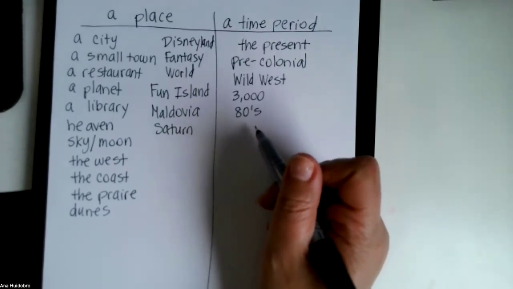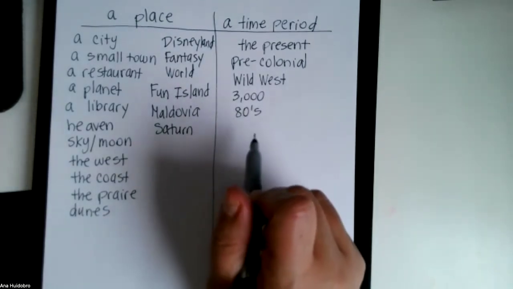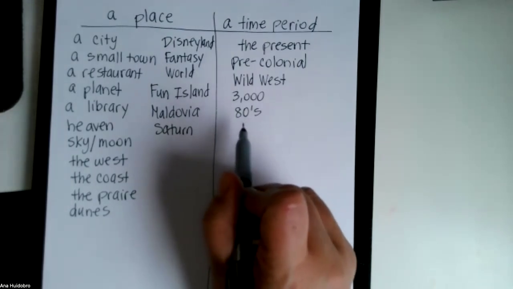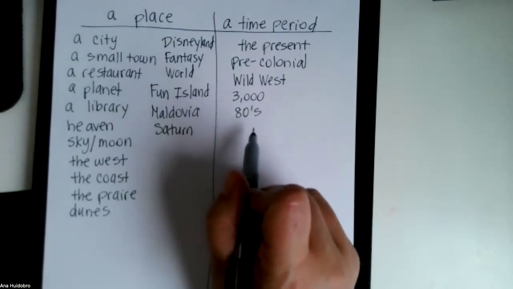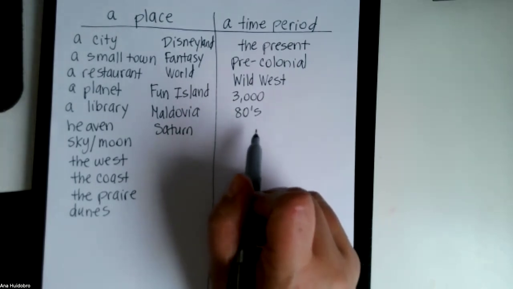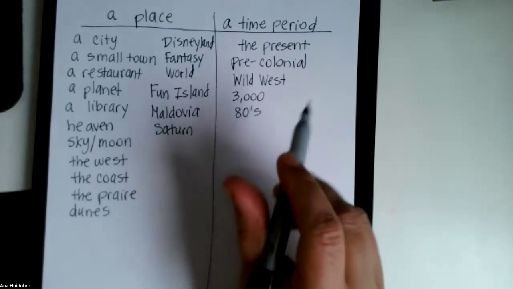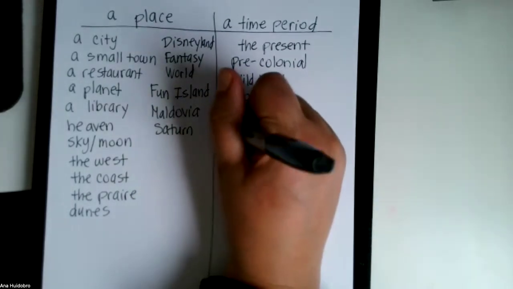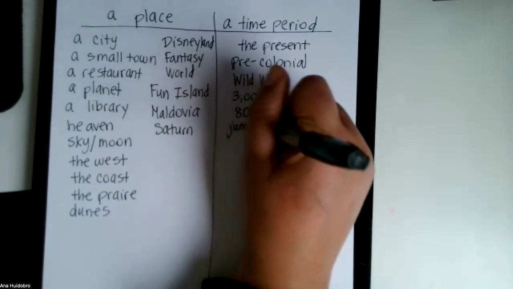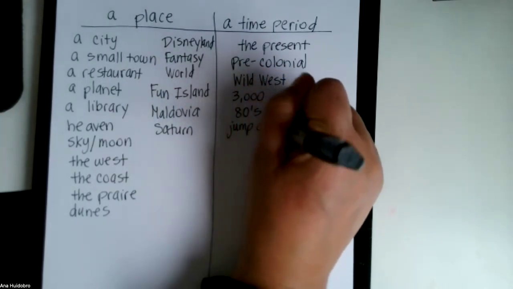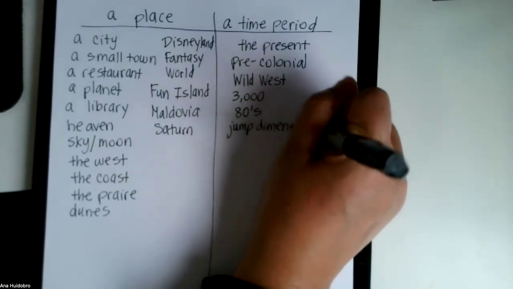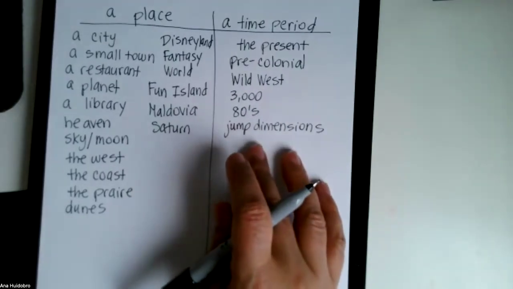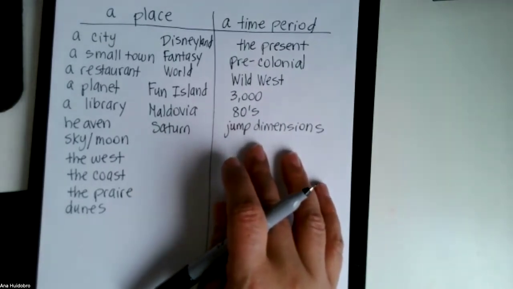So maybe your character has, I think of Regular Show where there's 80s music and there's 80s pop culture, meaning popular culture. Maybe they have style like the 80s or the 90s or the 2000s, right? You could even have your setting jump dimensions like in The Flash or in different superhero movies where there's the multiverse, right?